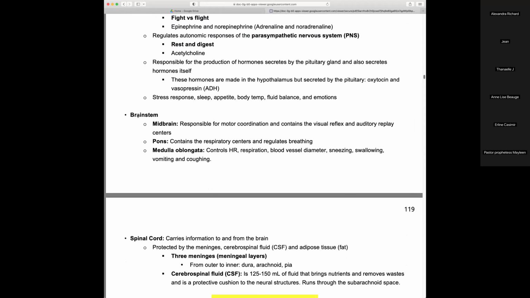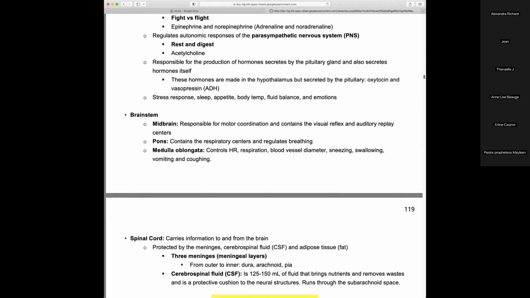Next, I want to make sure that you read and understand about the brainstem. The brainstem has two major portions, the pons and the medulla oblongata. The pons contains the respiratory center and it regulates your breathing. The medulla oblongata controls your heart rate and also your breathing. It also controls the diameter of your blood vessels.